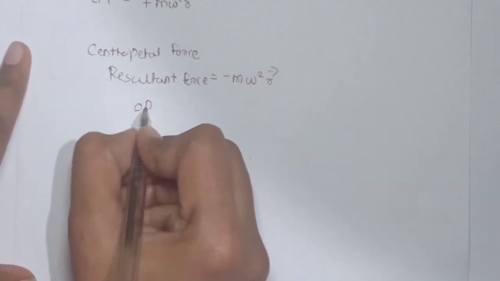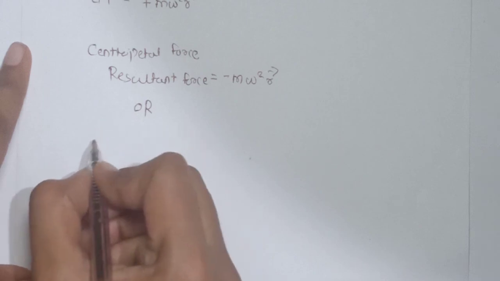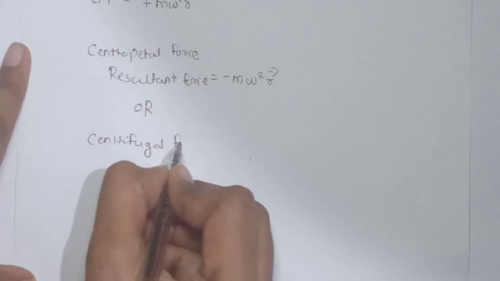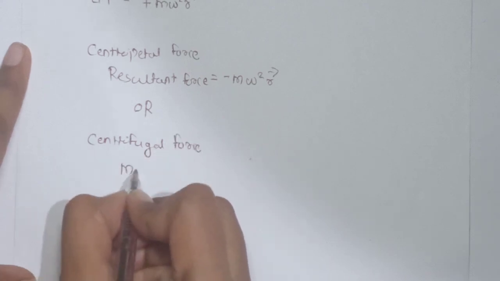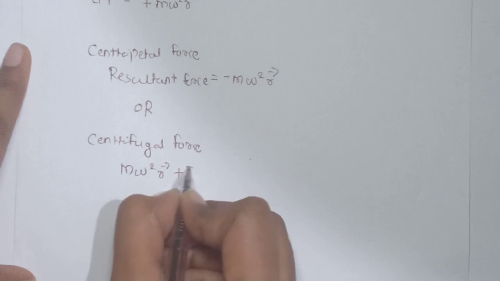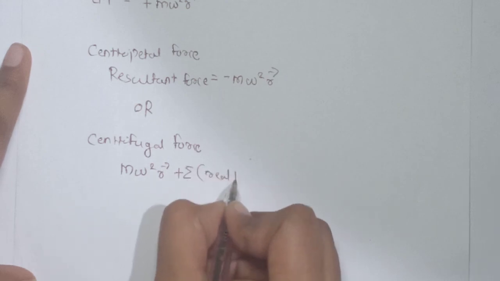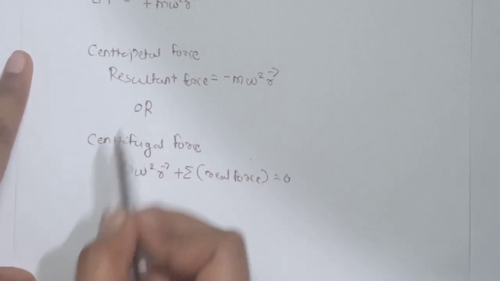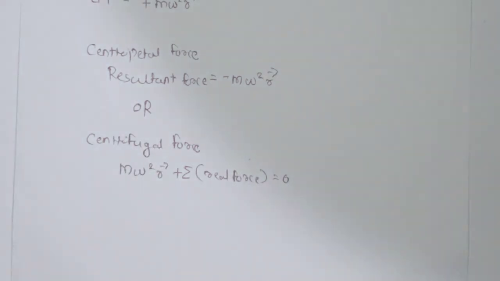And you can also write in terms of centrifugal force: it can be given by m omega square vector r plus the real force equals 0. So these are the two ways by which you can write the equation of motion. In the next lecture we are going to study the application of these forces, I mean centripetal force and centrifugal force.